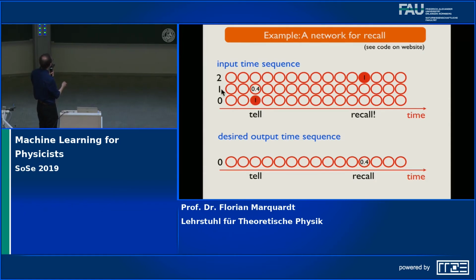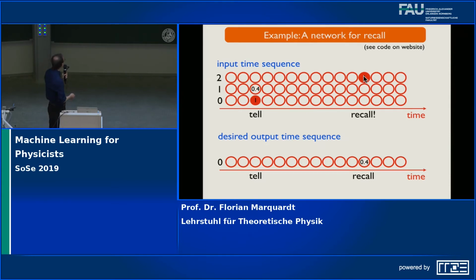And then input neuron number 1 will contain a value, and it is this value that I want to memorize. And then at a later time, I want to tell my network, now please output that value that I told you much earlier. And so here I just take another neuron that only becomes 1 at this particular point in time.